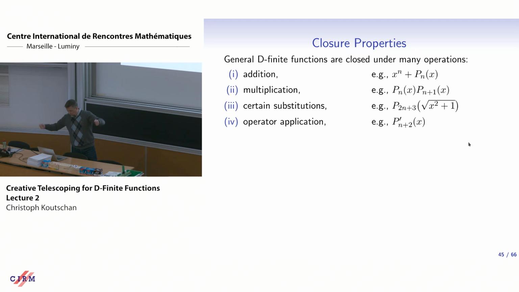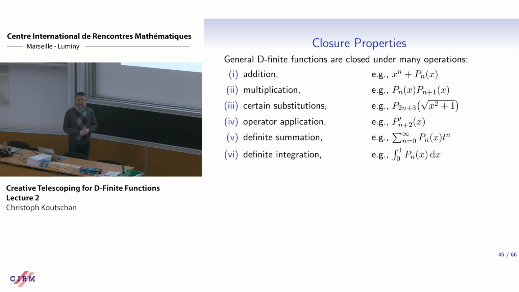And you can have more complicated operators. And anything you get by this, because it lives in the same vector space, is again D-finite. And later I will show you that we can also do summation and integration, definite, like with Zeilberger's algorithm.